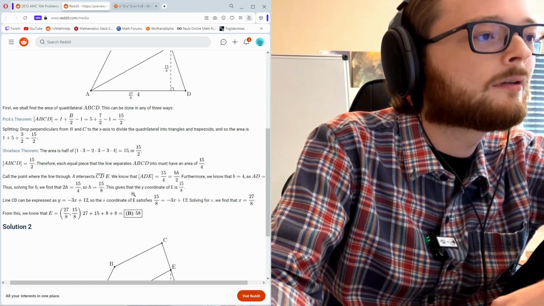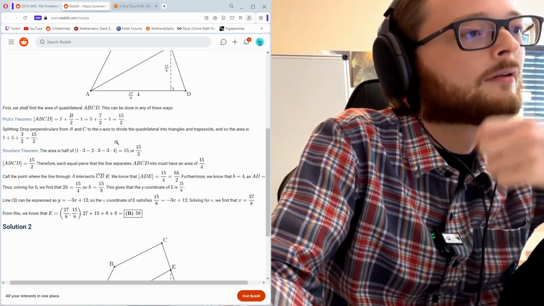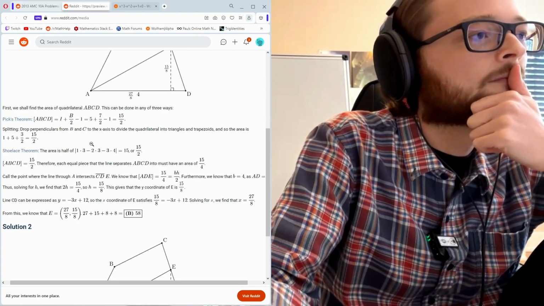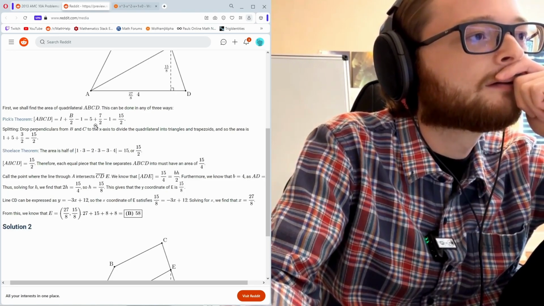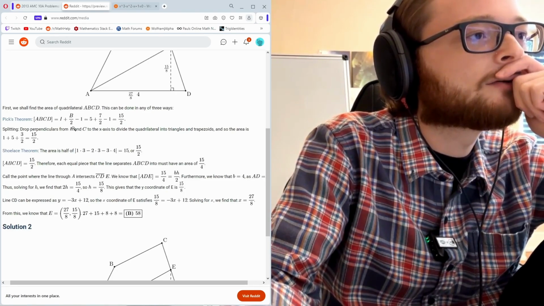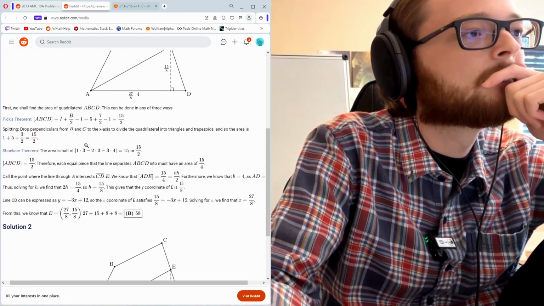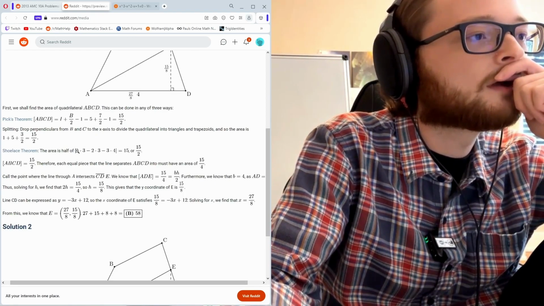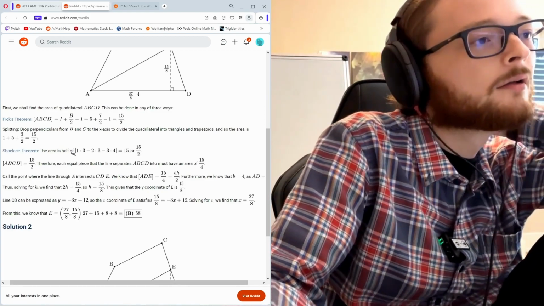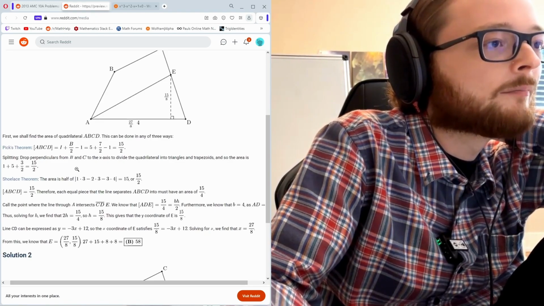Oh, they give 3 different ways to find the area of quadrilateral ABCD. I guess you would be able to find the area. I haven't heard of Pick's theorem or Shoelace theorem, and I don't see what the third way is, at least not yet. My only way of doing this would be to divide it up with triangles and squares.